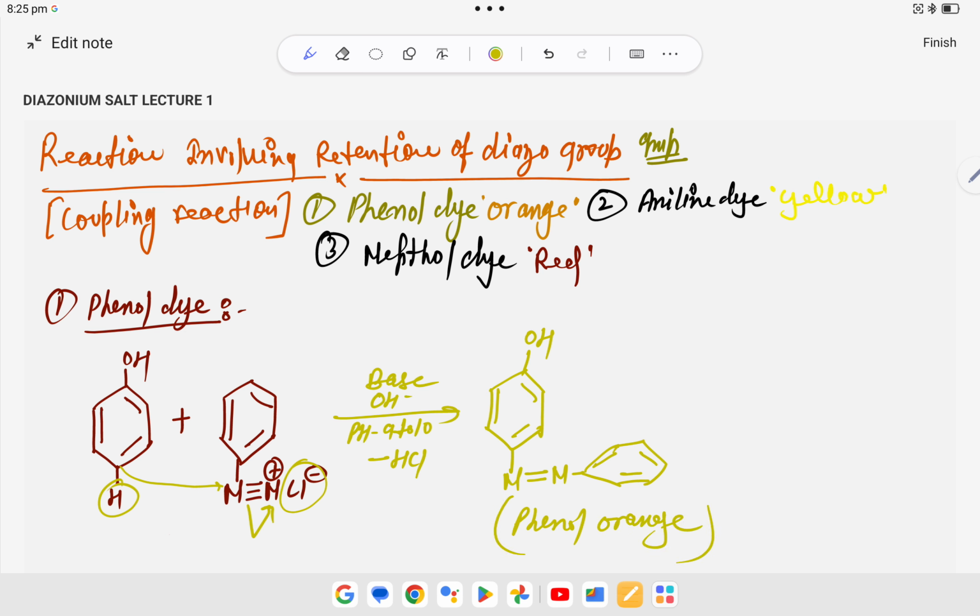It's also called CN coupling, carbon to nitrogen coupling, or diazo coupling. So let's discuss the mechanism.